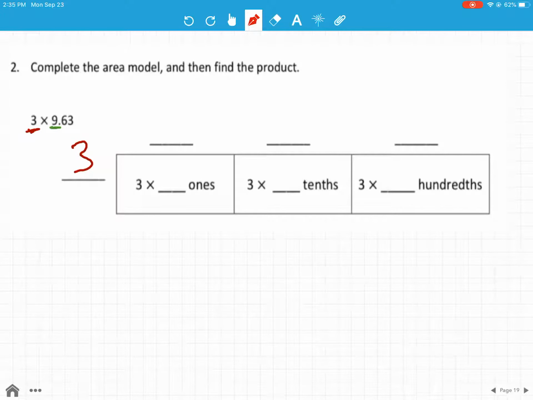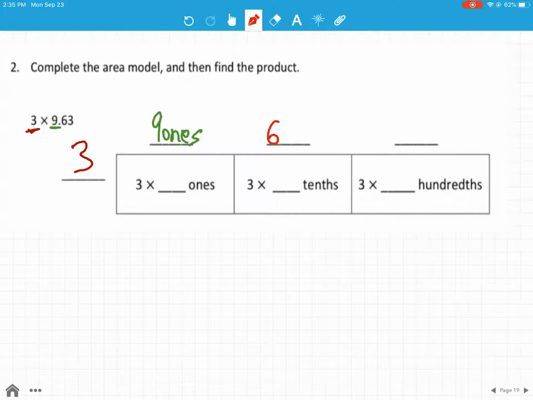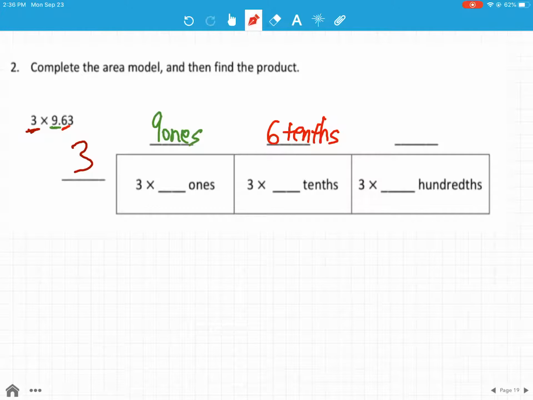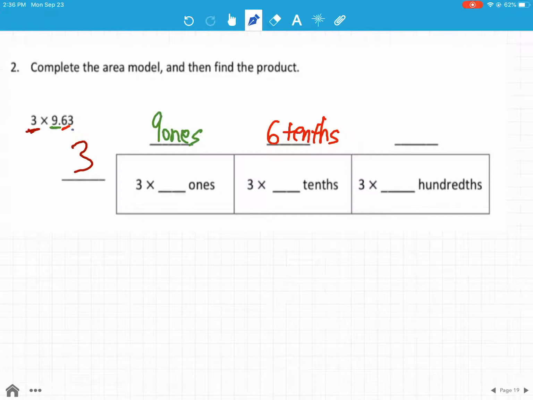Sorry about that. 9 ones. Okay. We have 6 tenths. And then we have 3 hundredths.